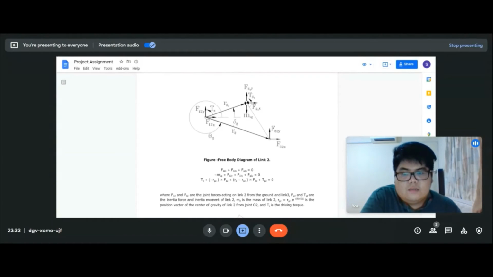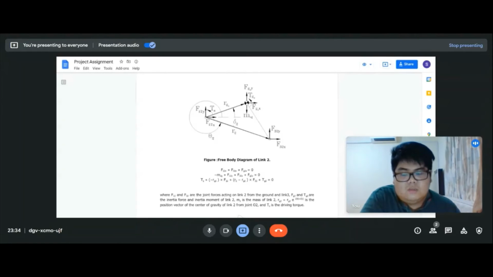And I can say that link 2 is the key of this whole design. The force that will transmit to links 3, 4, 5, and 6 is all transmitted from link 2, and link 2 is where we input our required torque to produce our needed load force.